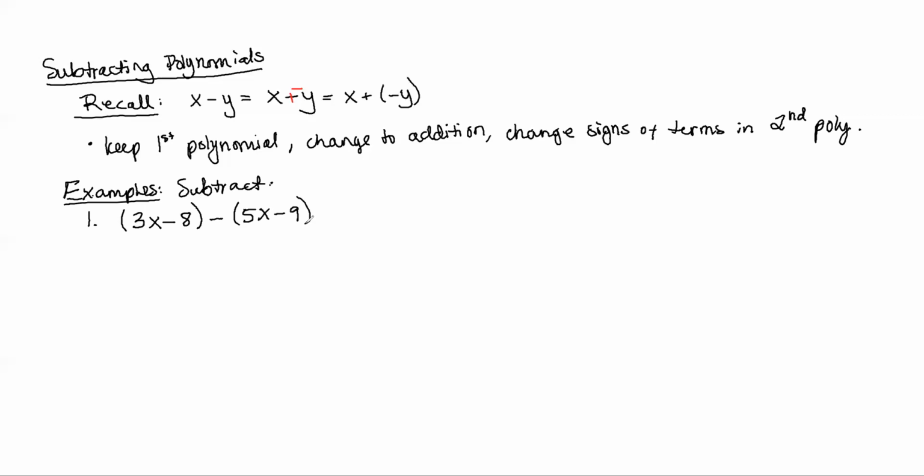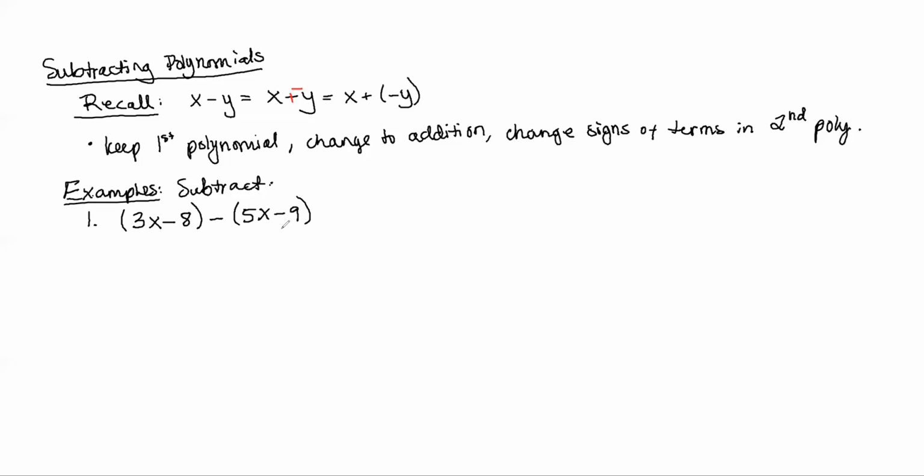So right now, if we were to go ahead and subtract, you'd want to be really careful with your signs. This is why it's easiest to change it to adding the opposite, because for the constants here, we have 8 minus negative 9. So it makes it a little uglier if we leave it like that, because you have to deal with the potential double negative.